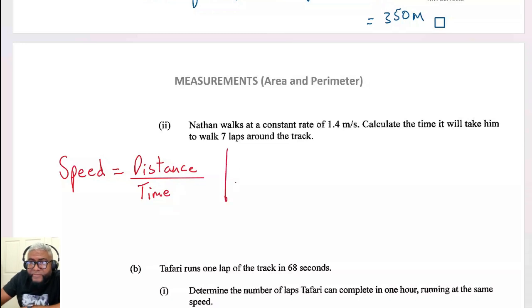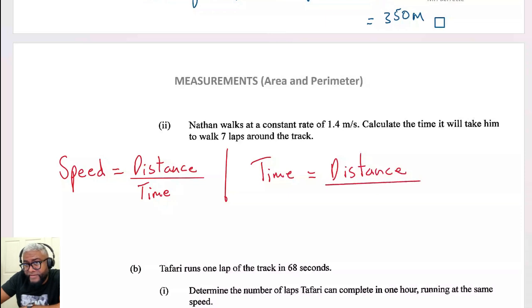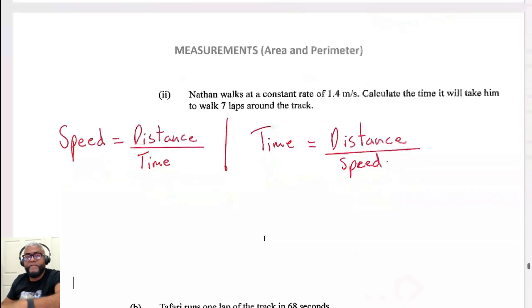Now, from this formula, we can actually get time is equal to distance divided by speed. So write down these formulas. And you could also get distance is equal to speed multiplied by time. But let's write down these two for now.